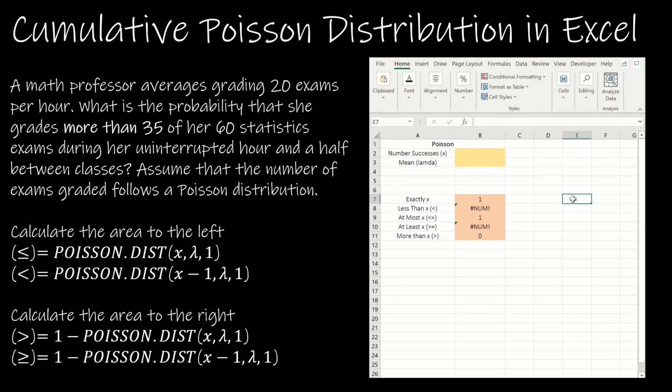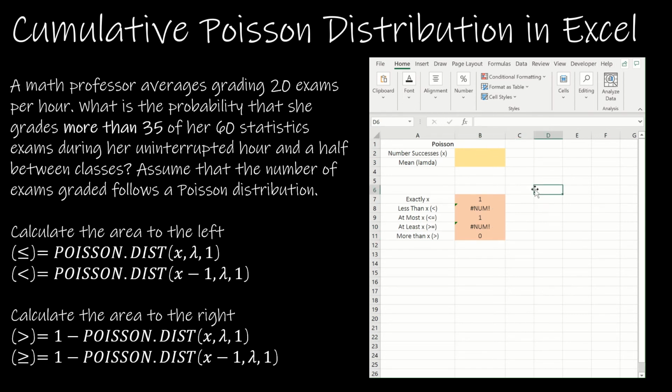So again, I can do the exact same thing I did in Excel with the binomial distribution. I'm simply replacing it with the Poisson distribution. So for less than, I'm taking 1 away from x and going to the left. For less than or equal to, I'm using the exact value that I'm given. For at least, which is greater than or equal to, I'm taking 1 minus, and then I'm taking 1 away from x. And for more than, I'm taking 1 minus, but I'm using the exact x value.